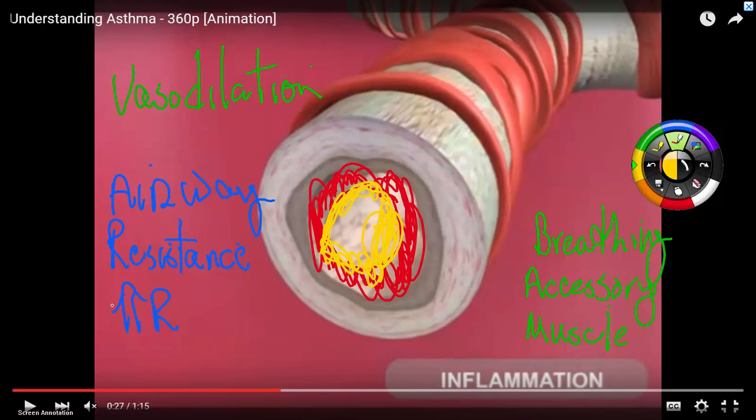So that makes the resistance go up even more. Now, you have these cells of the immune system, these leukocytes, and they release chemicals called leukotrienes. These leukotrienes then bind to leukotriene receptors in the smooth muscle that makes up the bronchial wall, and they cause the bronchial muscles to spasm.